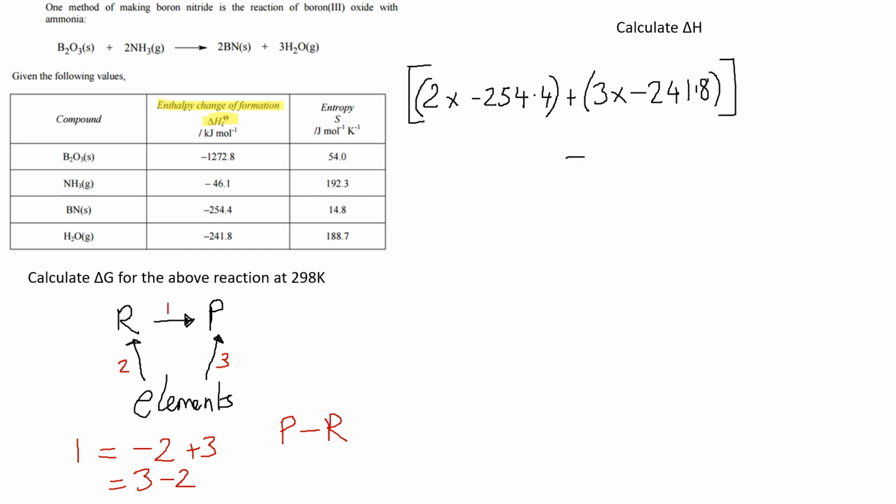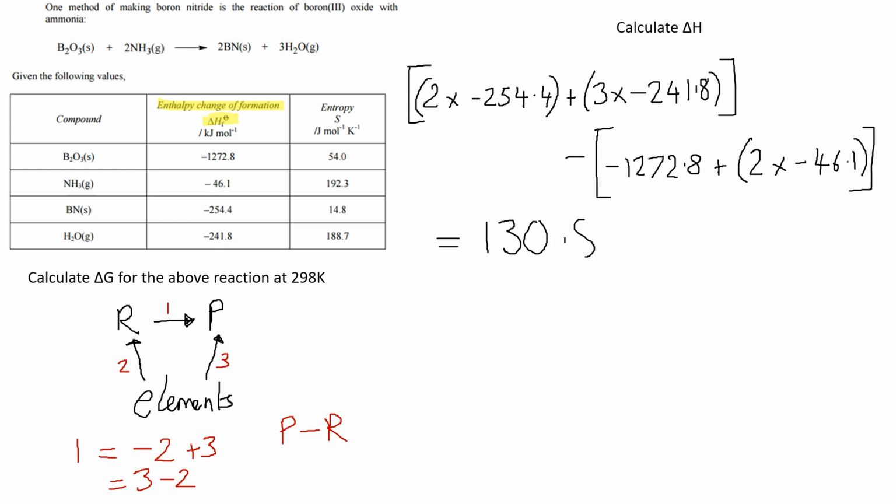And then it's minus the reactants, which is the B2O3, so that's minus 1272.8, plus 2 lots of the ammonia, which is 2 lots of minus 46.1. And then grab your calculator, put that all in, and I get that to be 130.8 kilojoules per mole. So that means that the reaction is endothermic.